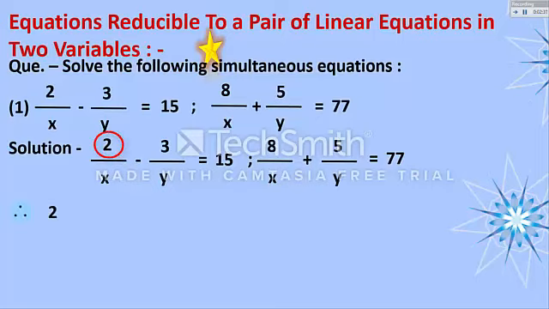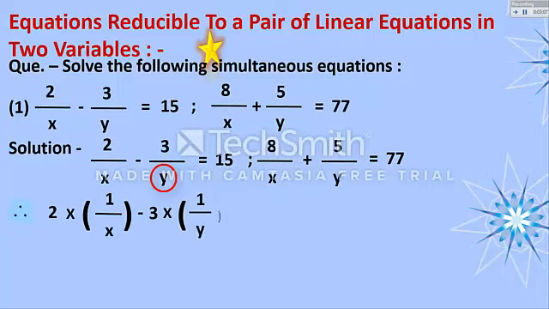here the numerator 2 into the denominator separately, that is 1 divided by x, minus the numerator 3 into the denominator separately, that is 1 divided by y, is equal to 15.